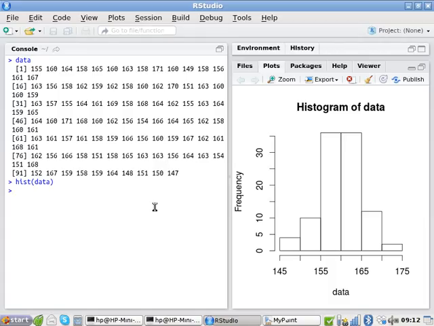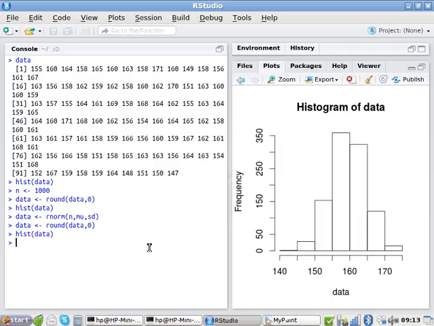So this is the histogram of 100 people's heights. If I make this larger, maybe like 1,000 people, and draw the histogram, I get this shape. If I make it, let's say, 10,000 people's heights, I get this shape.